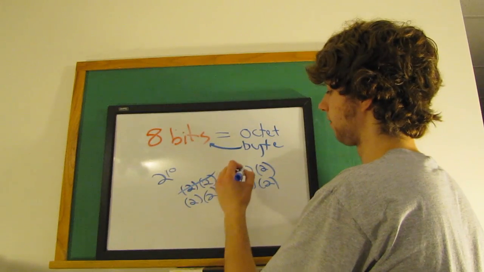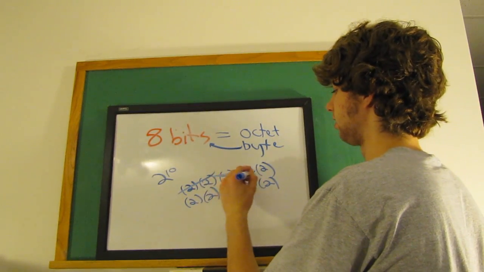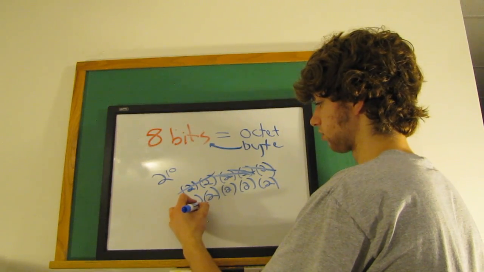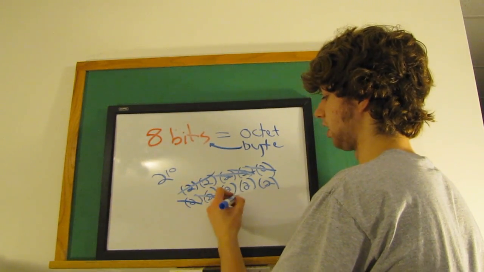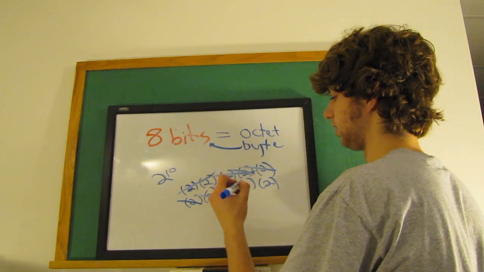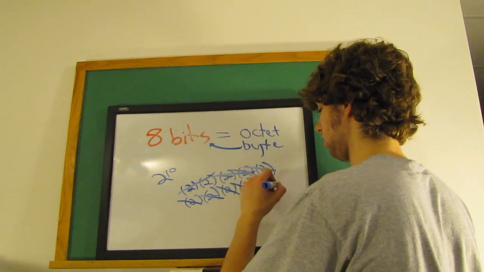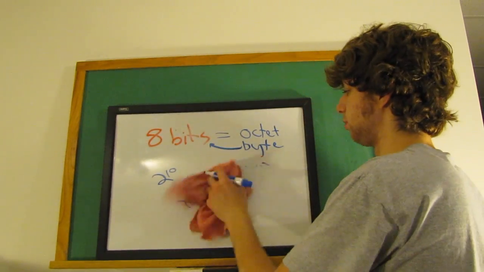So we get 4, 8, 16, 32, 64, 128, 256, 512, and 1,024.